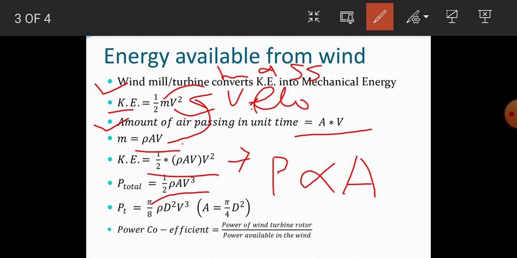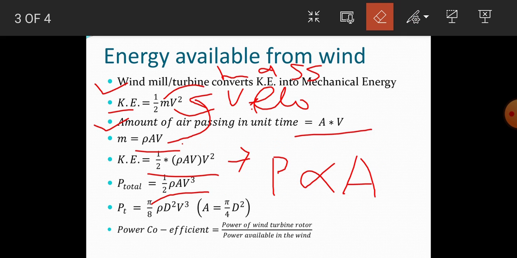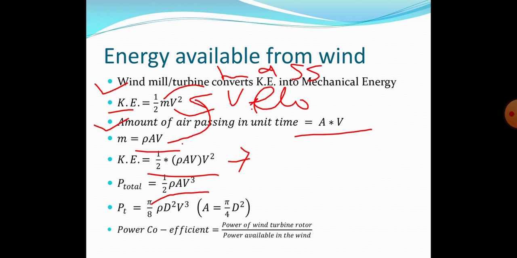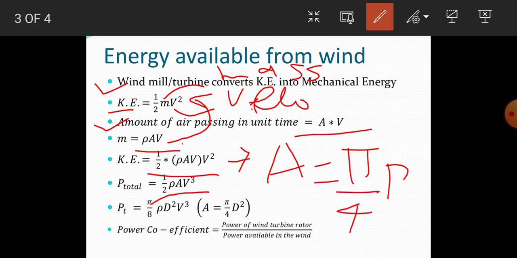Normally the area is circular with diameter d, therefore area is equal to pi by 4 d square.